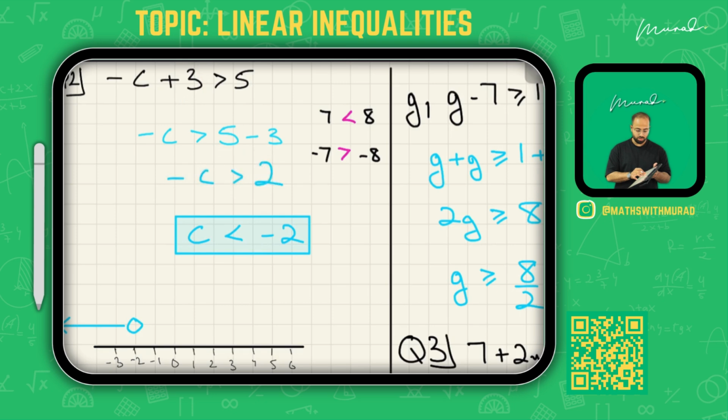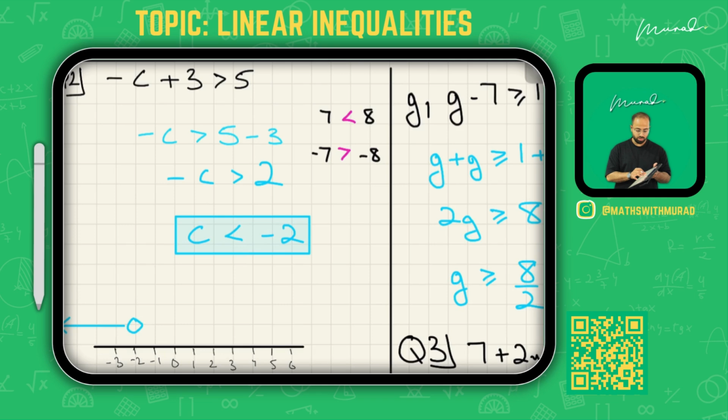Okay, now because I have to find the value of x, not minus x, I'll multiply this minus sign by x over here and this minus sign over here. Because of multiplication by the negative sign, the sign of inequality will also change. It converts from a greater to a lesser sign.